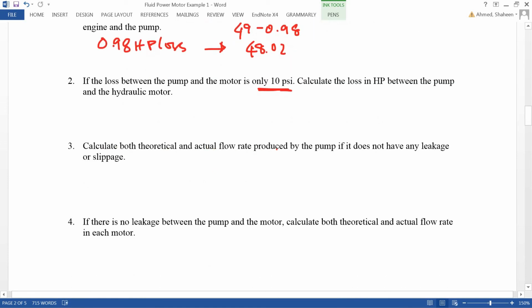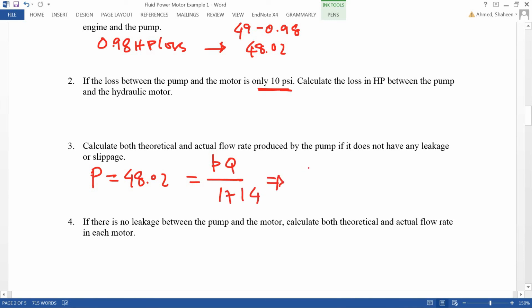Now let's see the other questions. Calculate both theoretical and actual flow produced by the pump if it doesn't have any leakage or slippage. It says produced by the pump, so I know the power available to the pump is 48.02, and we can write power is PQ divided by 1714.